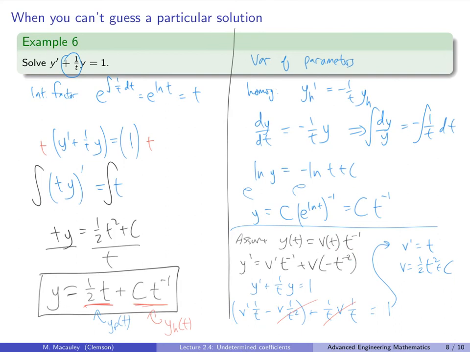So that means that y of t equals v of t, which is 1/2 t squared plus c times t inverse, and that is exactly what we got right here. If we multiply this out, this is 1/2 t plus c t inverse. There is our other solution.